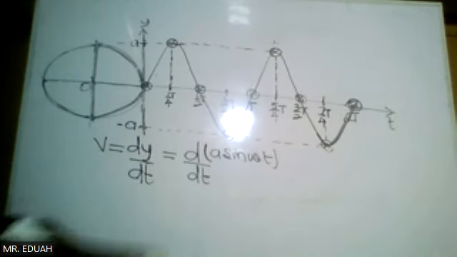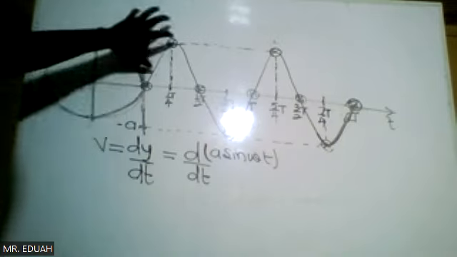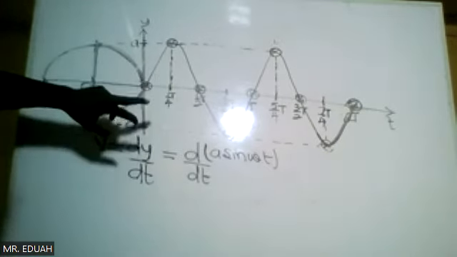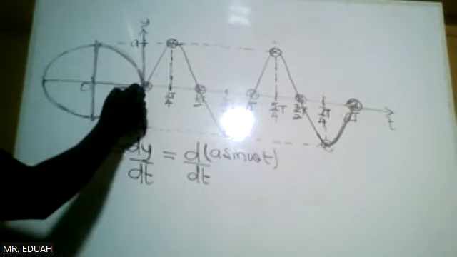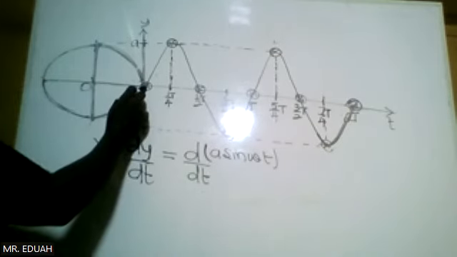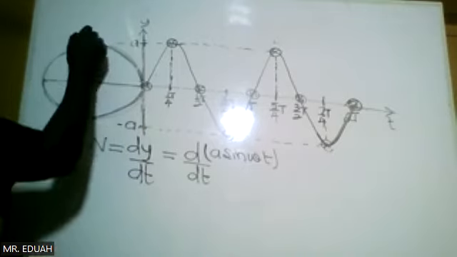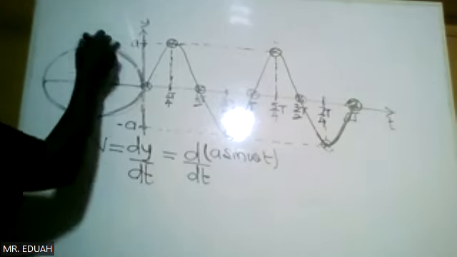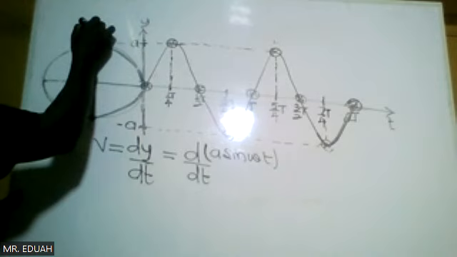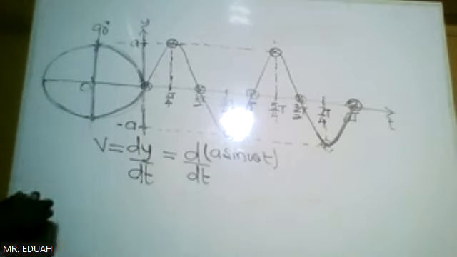Before we continue, you see the same graph can be drawn using angles. At t equal to a quarter of the period, the body moves from here to here, and the angle over here is equal to 90 degrees.